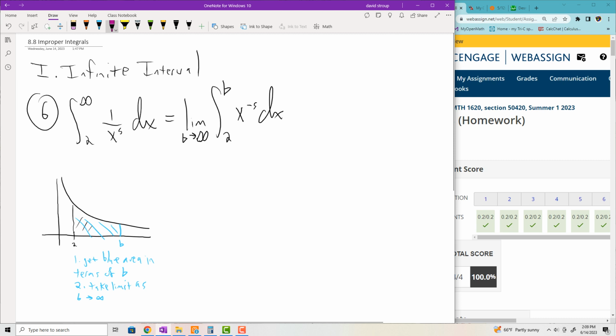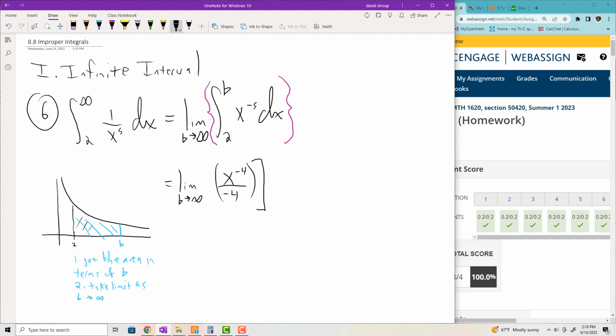And then we kind of forget about the limit portion and just integrate this expression, and what will happen is you get that formula for the area in terms of b. Okay? Right, so here we go, integrating. You'll have x to the negative 5 plus 1, which is negative 4, divided by negative 4.